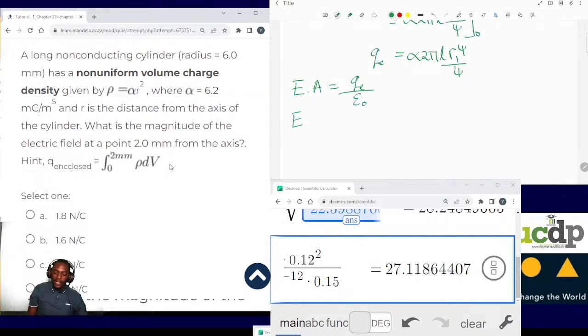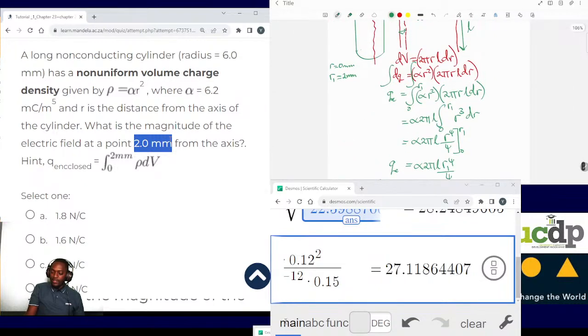And our area enclosed is the area enclosed by a point 2 millimeters from the axis. So you should remember now, if you were to put a Gaussian surface there, our Gaussian surface should have a radius of 2 millimeters. And we've said 2 millimeters.